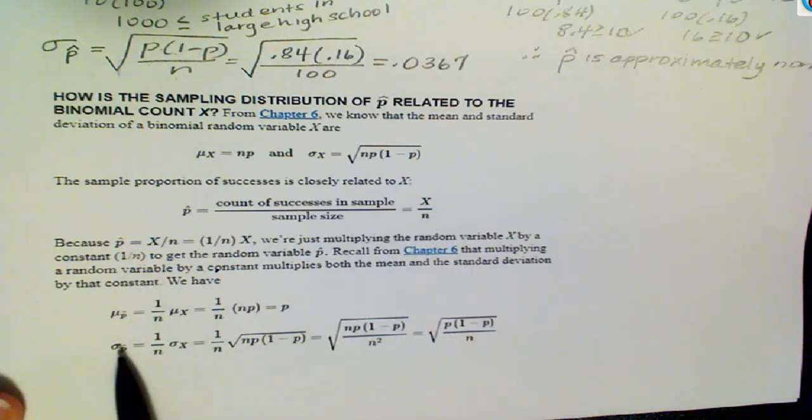If you do some simple substitution in here, this is kind of the proof of how you're getting the mean of p hat and the standard deviation of p hat. We're just basically substituting in, and that's how you come up with those two formulas. So the sampling distribution of p hat is related to that binomial random variable.